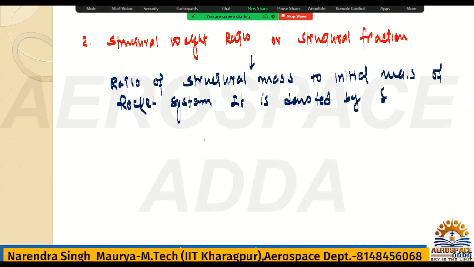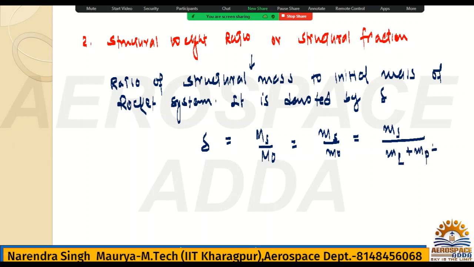So, sir, what is the delta now? Delta is mass of the structure ms divided by initial mass m naught, or you can write in small ms divided by m naught. What is m naught? You have starting mass of the payload, mass of the propellant, mass of the structure.